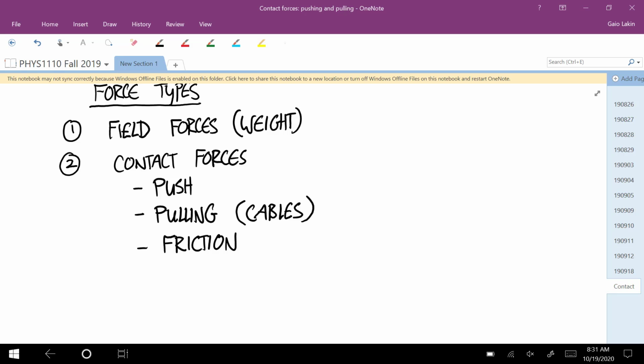So what this means is, if you're looking at a problem and there's all sorts of things going on, the object that you're looking at, this box or this card or something, has a million things happening to it. It's easy to break it down and just be clear to yourself about what kind of forces are acting. There is a weight force, and so you apply that. And then you just go around the boundary of the object looking for places where other things are making contact with the boundary.